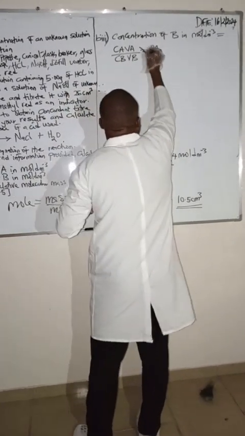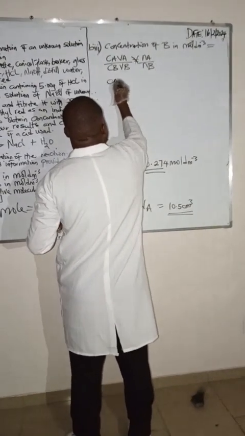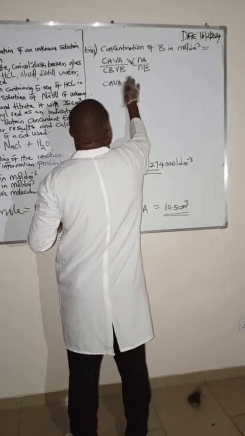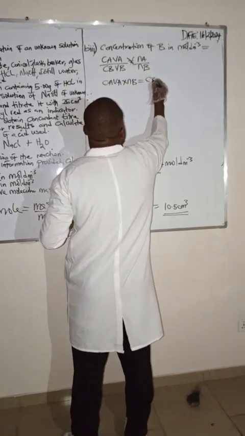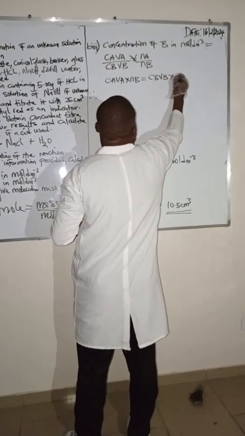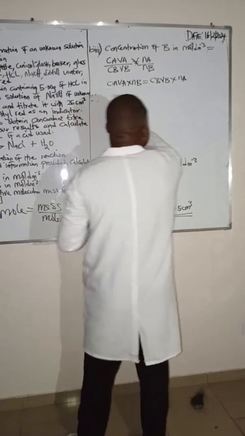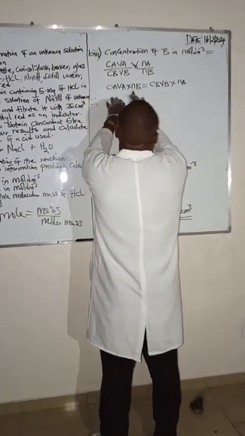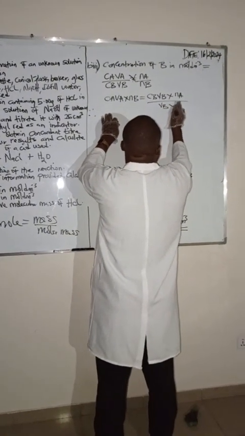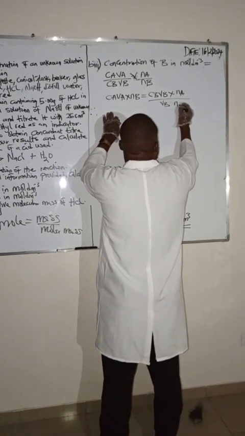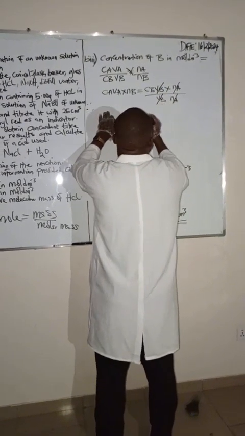So let's cross multiply: CAVA times NB is equal to CBVB times NA. I'm sure you get this. Since we want to make CB the subject, we divide both sides by VB and NA. NA cancels NA, VB cancels VB.